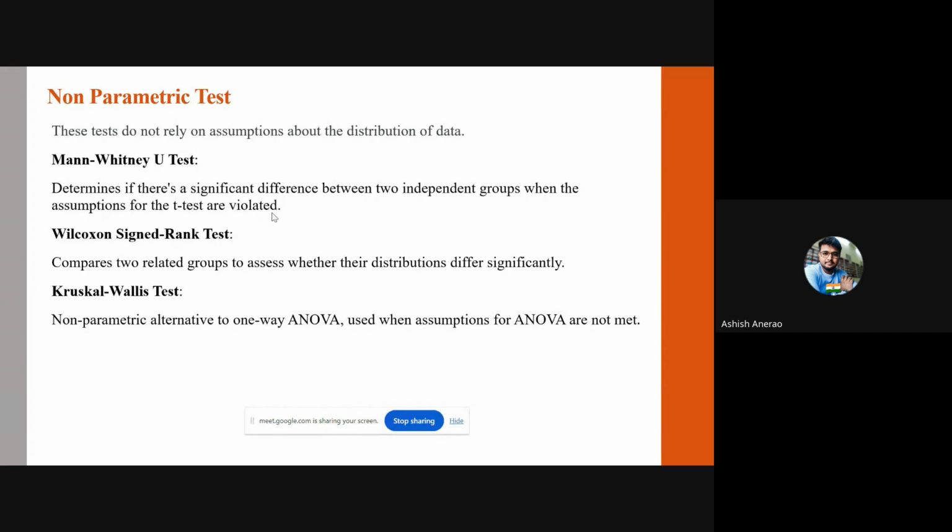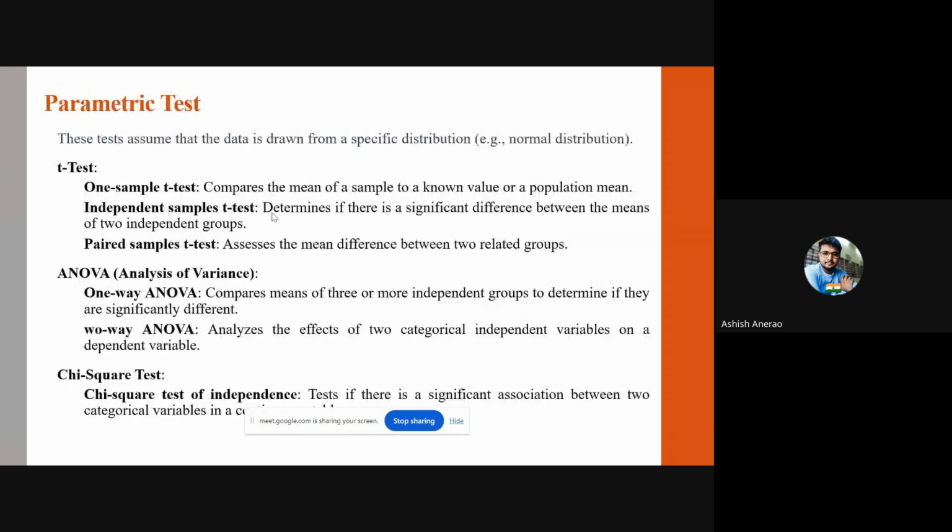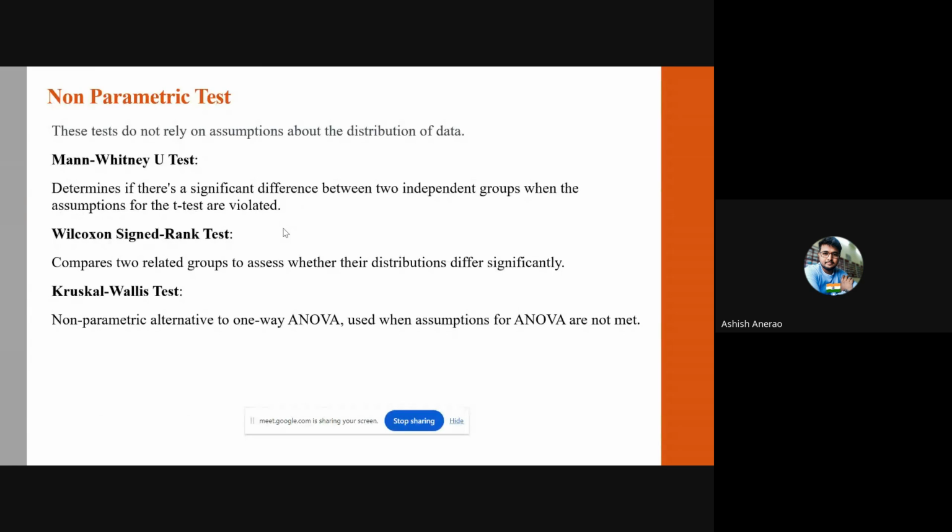If our data is not normally distributed, the median shows central tendency. So we compare the median by using the Mann-Whitney U test. It is the alternative non-parametric test for the independent sample t-test. In the previous slide we discussed the independent sample test, but when our data is not normally distributed, the alternative non-parametric test is the Mann-Whitney test.